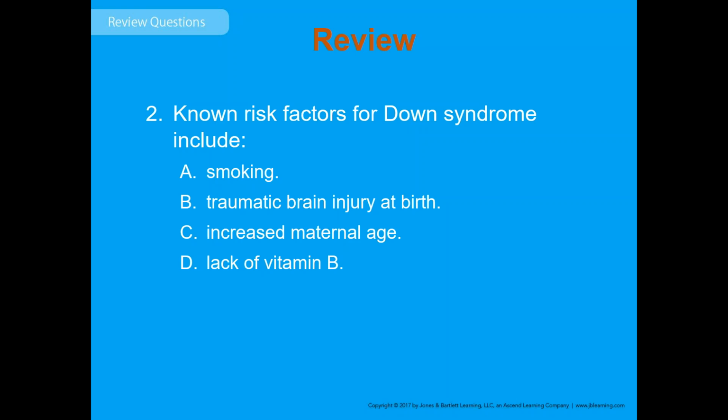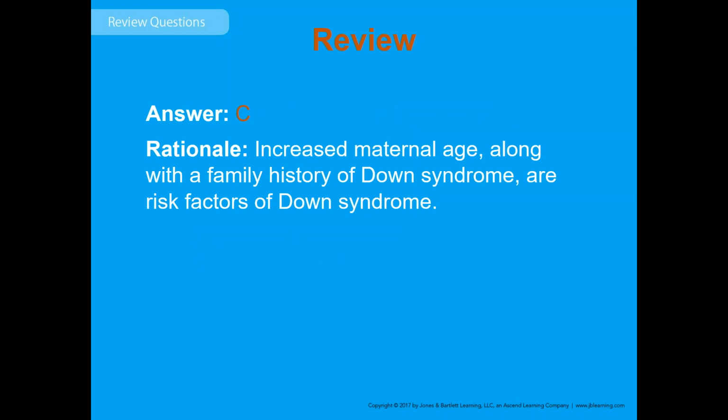So it's C. That's my bad. We didn't quite go over it. A lot of times, the older a female gets, the higher risk of having children with Down syndrome. Again, it's a chromosomal defect, so it's something at the genetic level.